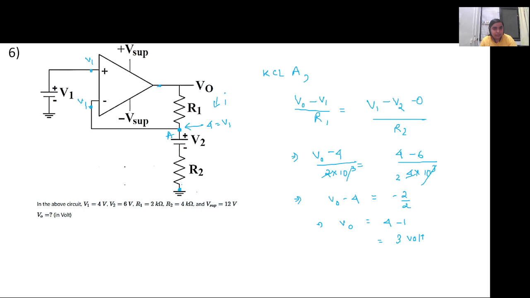Here a resistance was connected, so we could have independently written the KCL equation. Instead, from V0 to ground, all these voltages are connected to the ground. V1, V2, and everything are with respect to the ground. So we can write just one single equation which starts from this particular point and ends here, and we will get back this equation only. Okay, ma'am, got it.